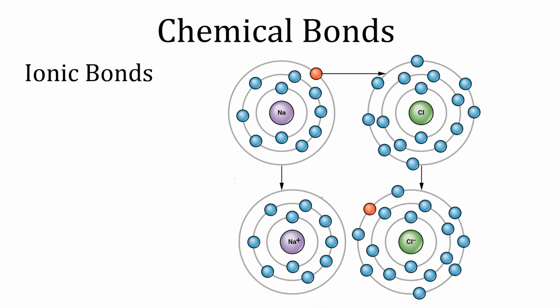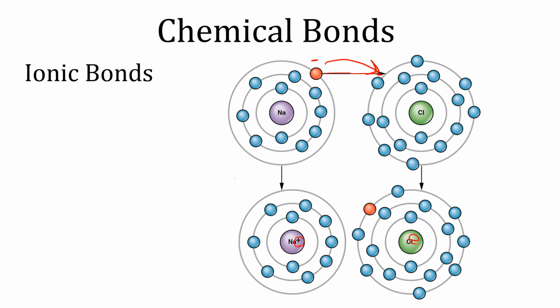One of the things that happens, though, is that because we're losing a negative charge here, this was electrically neutral, but since it lost a negative charge, now there's 1 extra positive charge, so it acquires a positive charge. Chlorine was electrically neutral, but now it's going to receive a negative charge, so now it takes on a negative overall charge.